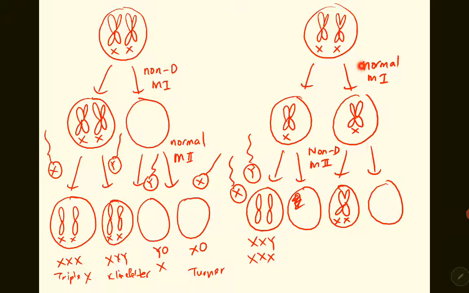Okay, so same case. This one X becomes XO. If Y, it becomes YO, which does not survive. Then this one X becomes XXX, or XXY if the Y. Okay, this one XO or YO, YO does not survive.